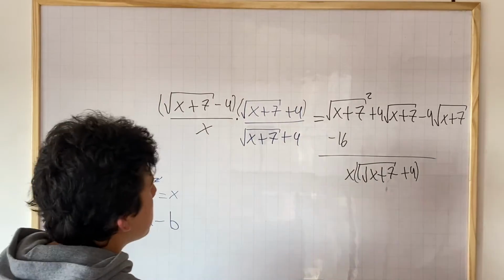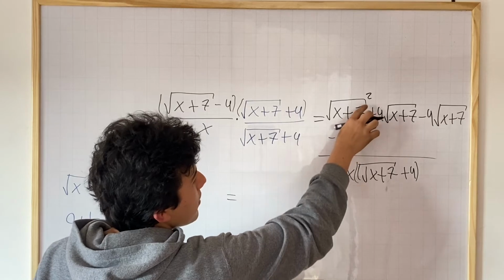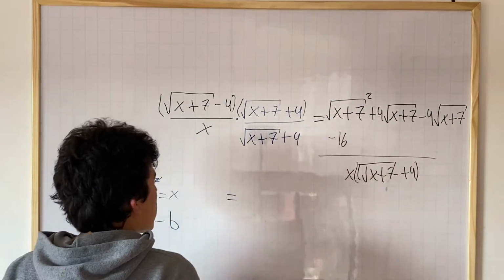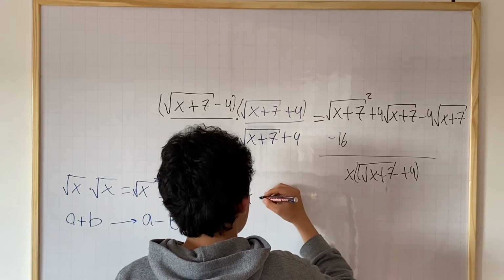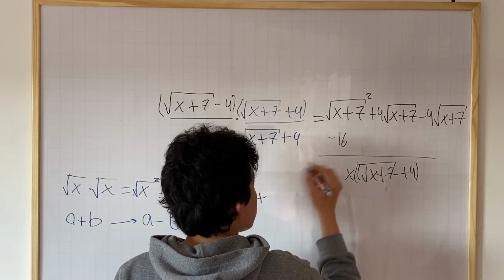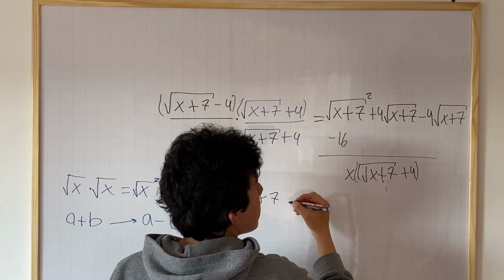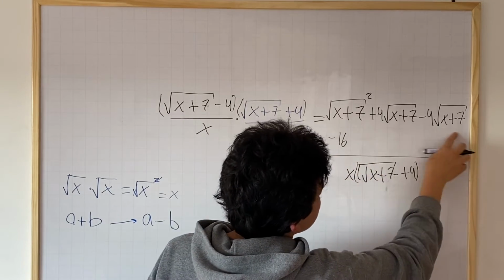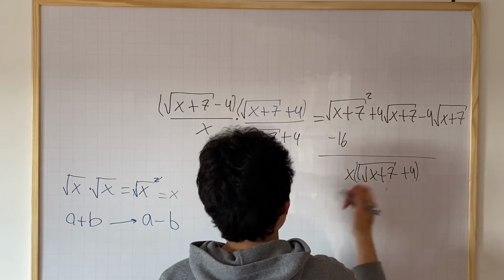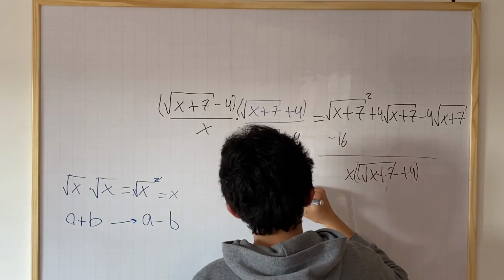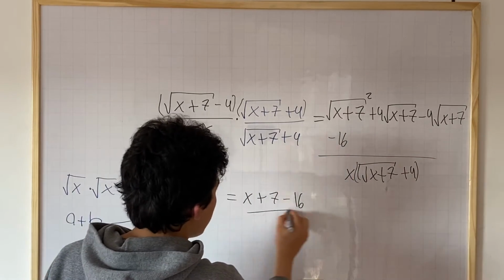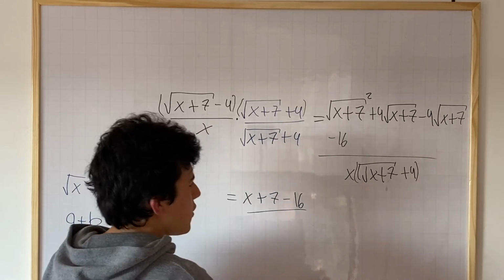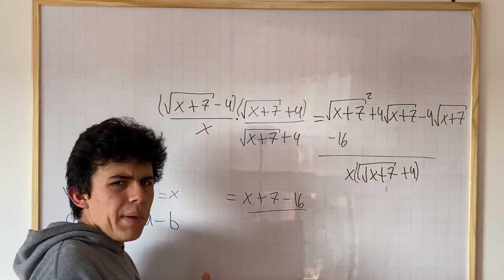Now let's keep simplifying. Remember, the square and the radical go away. And you would get that this is equal to x plus 7, because they go away. Now these two expressions will cancel out, so you get nothing. And now you have minus 16. And all of this is over, now I'm going to distribute so you see it in a more compact way.